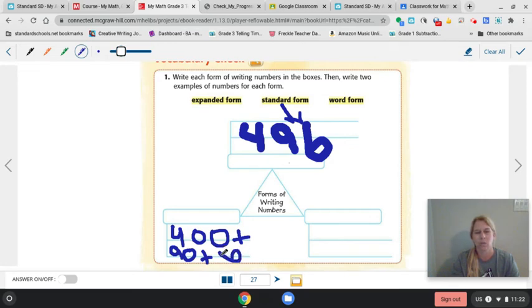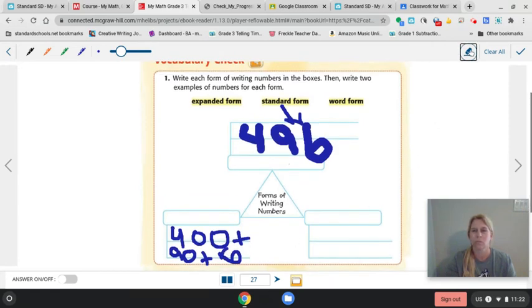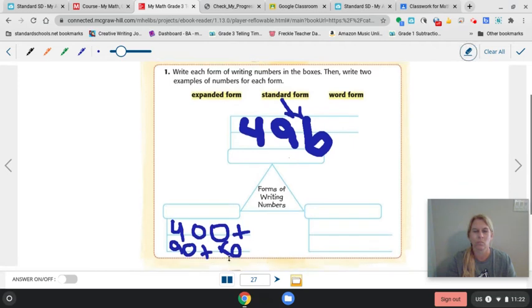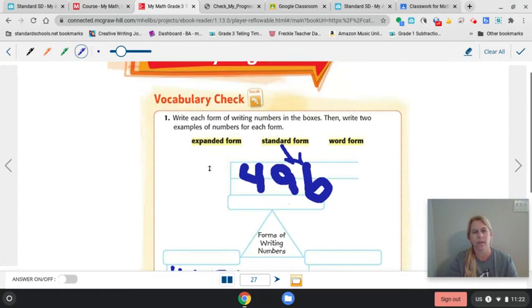Sorry, that 6 was really bad. Okay, that should be a 6. So anyways, 400 plus 90 plus 6, and that's writing it in expanded form.